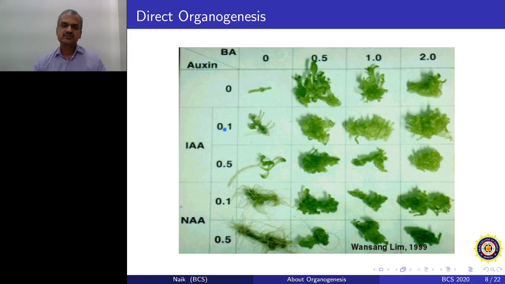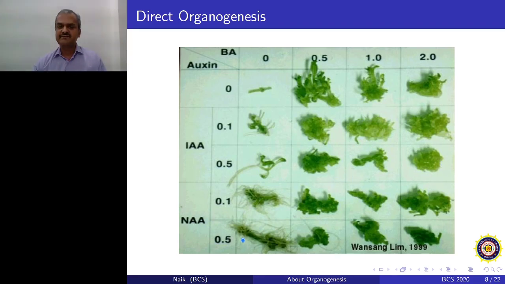Similarly, as you increase the indole acetic acid or naphthalene acetic acid, where IAA is a natural auxin whereas naphthalene acetic acid is a synthetic auxin, and you see the concentration increase, there is increased root formation as well as callus formation.